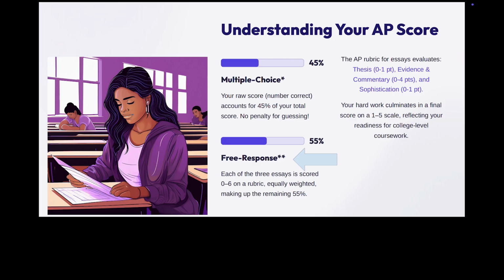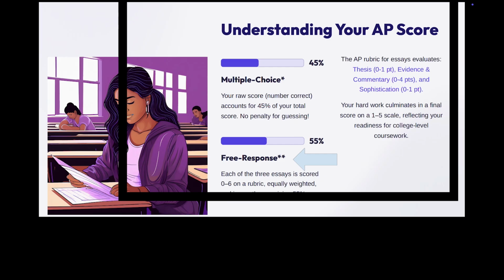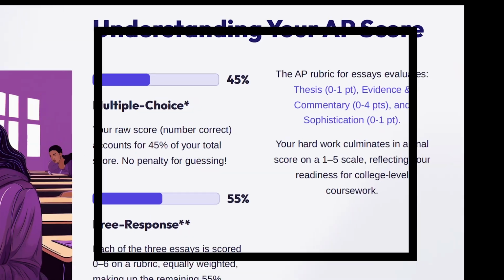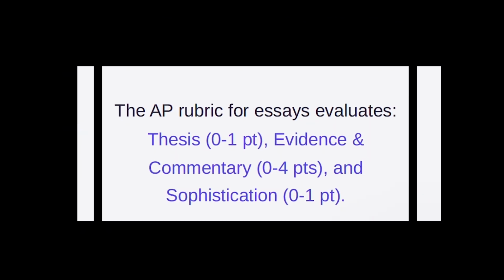So each essay is worth 6 points because the AP rubric evaluates the essays like this. The thesis statement, you get 0 or 1. So make sure you have it and make sure it's clearly identifiable in the first paragraph. Evidence and commentary, which is the actual body of the essay, you get from 0 to 4 points, and something called sophistication, which we will talk about later.